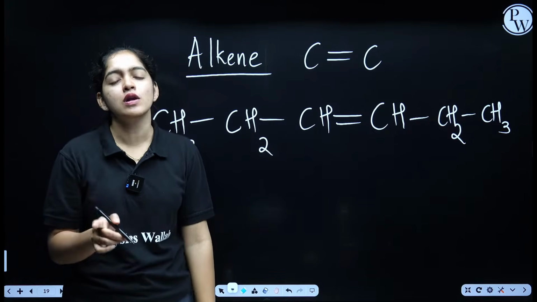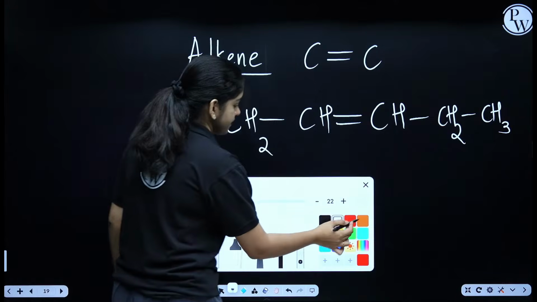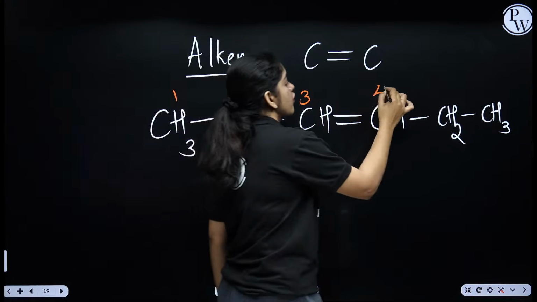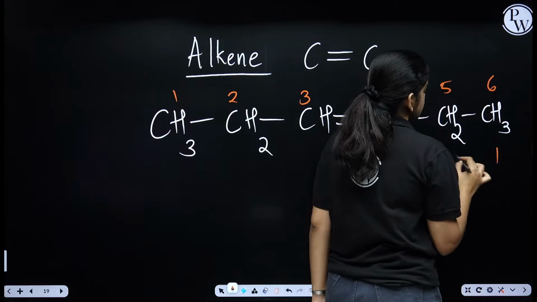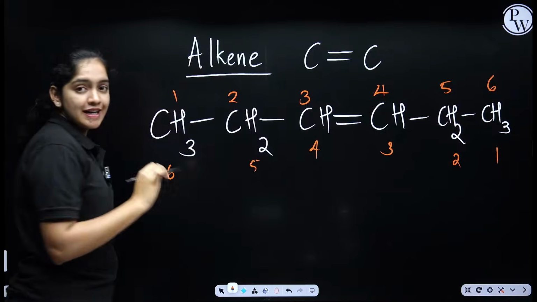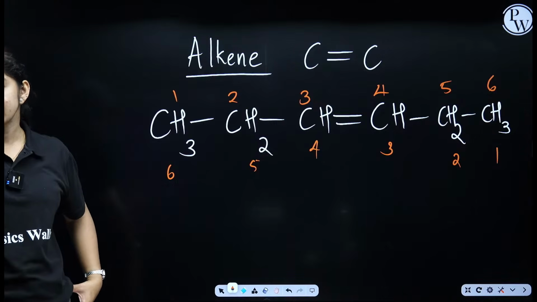That is the next rule according to the IUPAC. Okay, so we can give a number like, start from here, 1, 2, 3, 4, 5, 6. If there is any doubt, you can message in the comment box, okay?